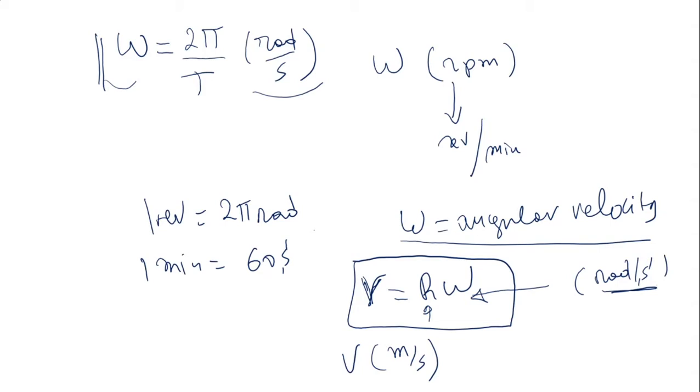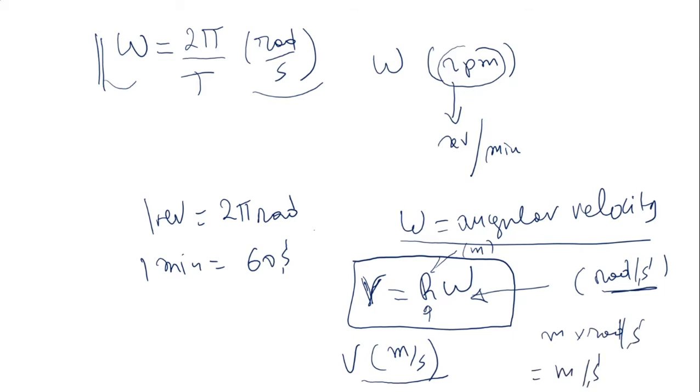But if you keep omega in RPMs, the answer for the speed will be wrong. So make sure omega is in radians per second, so you can get the speed in meters per second. Of course, the radius has to be in meters, because meters times radians per second is meters per second.